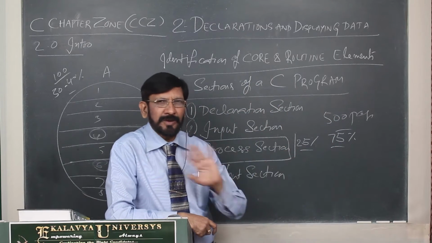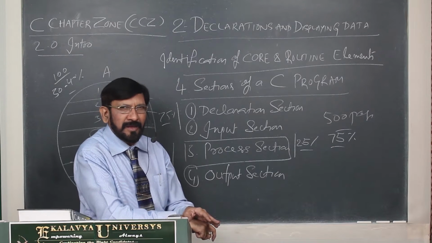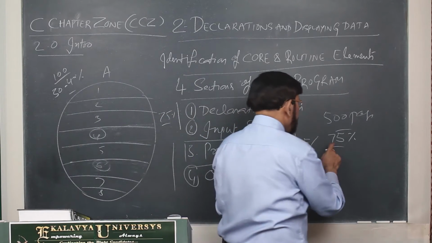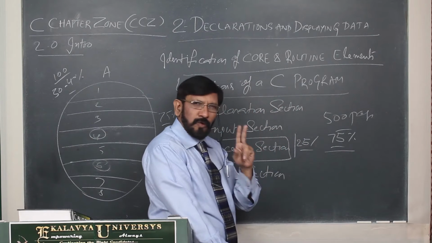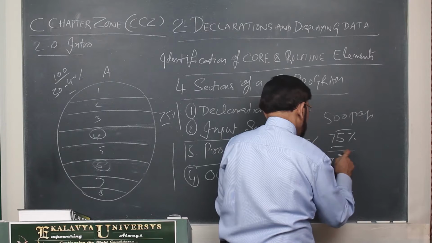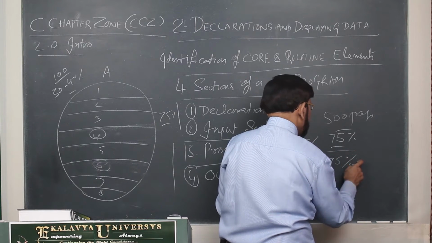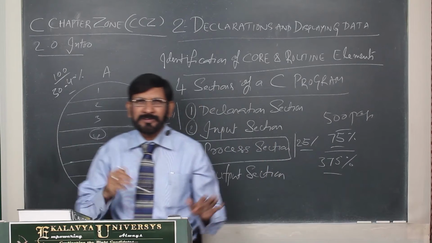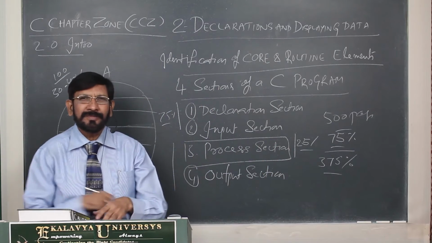Confidently you can write, you never commit a mistake, or very rarely you commit a mistake. That means by studying only 2 days, you are notionally, concept wise, completing 375 pages. Almost 400 pages will become routine.